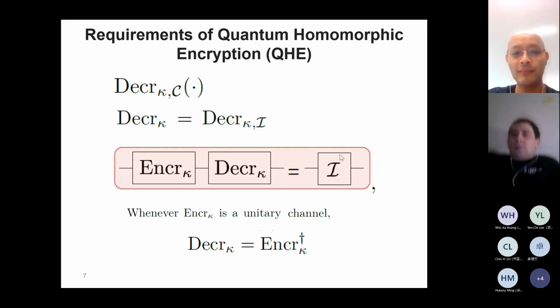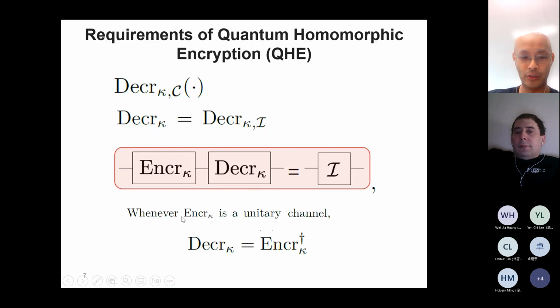This makes total sense. It's also clear that if the encryption channel is a unitary channel, then obviously you can pick the decryption channel to be the corresponding inverse unitary channel. And this is exactly what we are going to be restricting ourselves to today. We're going to restrict our attention to encryption maps that are unitary channels.